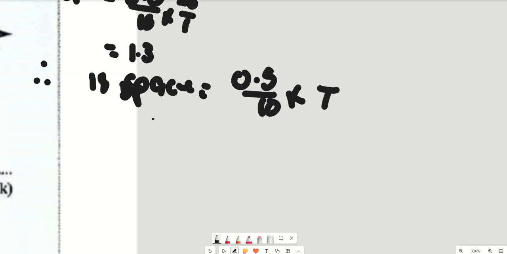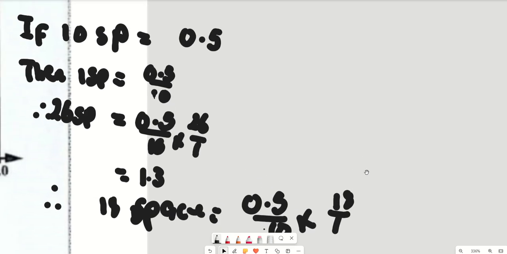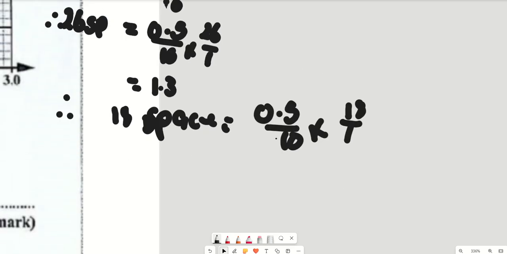So it'll be 0.5 over 10 multiplied by 18 over 1. And when you multiply that, why did I say 10? It's not 10. So this is 0.1. This is 2.